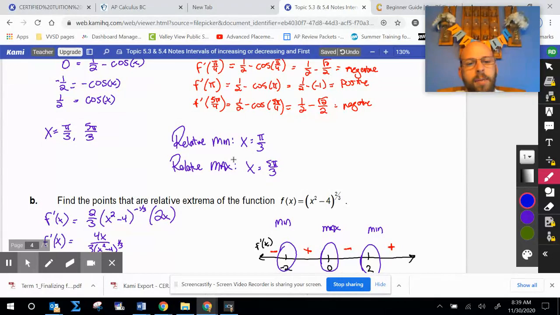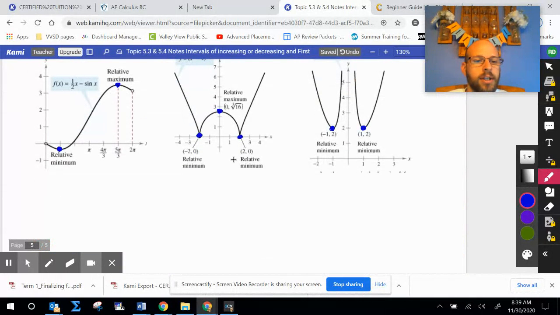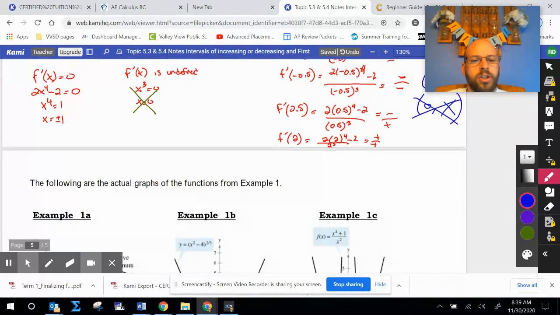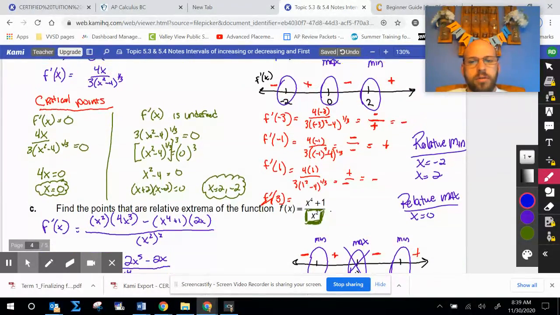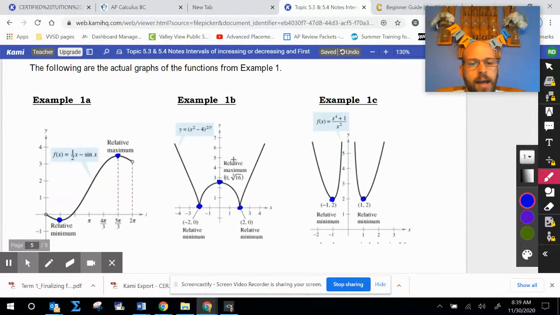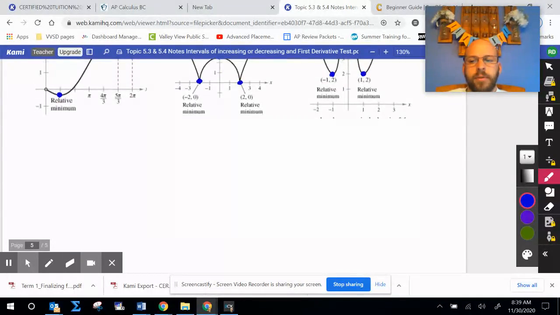So for example, for the first one, at pi thirds and at 5 pi thirds, we had a min and a max. And then for the next one, B, -2 and 2 were our mins, and then I have a max at 0, and then -1 and 1 are our minimums, okay?